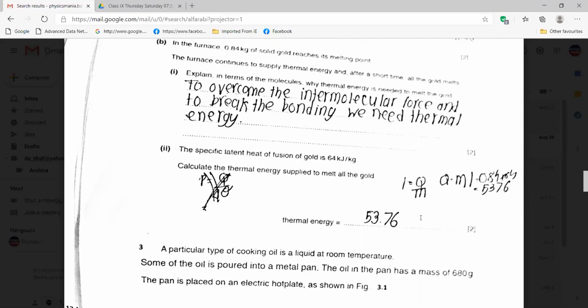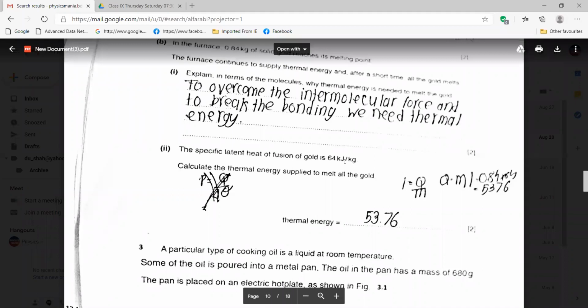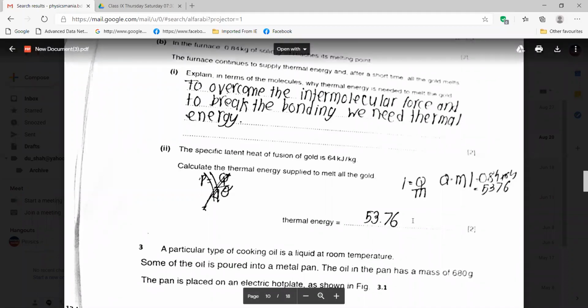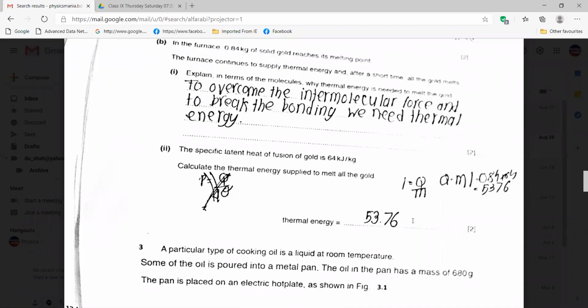So your answer is coming in kilojoule, right? Because the specific latent heat is given in kilojoule. So write the unit correctly. If it is given in joule, then your answer will be in joule. If it is given in kilojoule, then your answer will be in kilojoule. Is it clear?